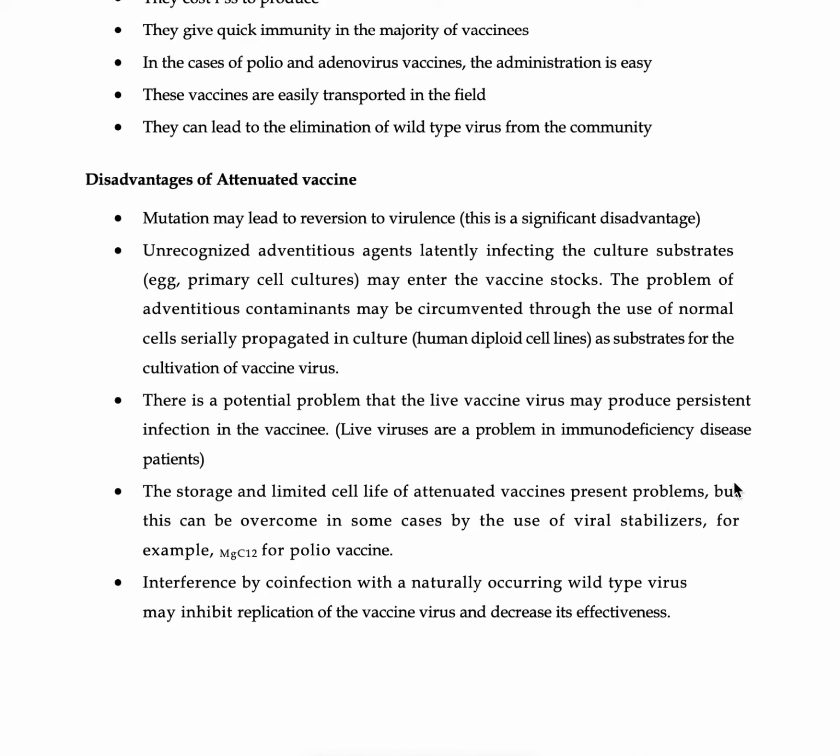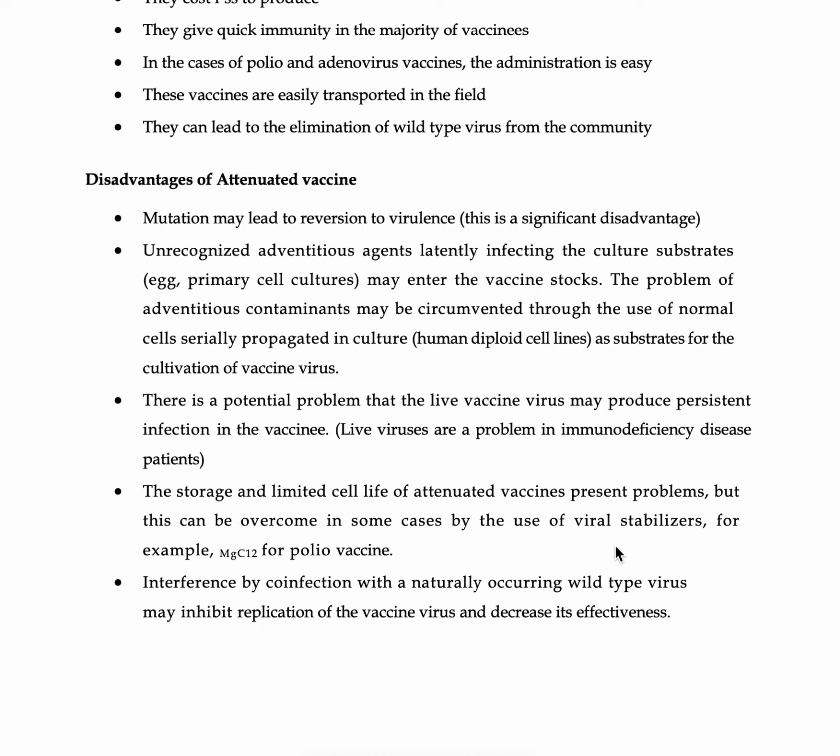However, we can overcome these problems in some cases by the use of viral stabilizers. For example, magnesium chloride. If we add magnesium chloride to our vaccine stock, it can stabilize the virus. So their shelf life will be increased.